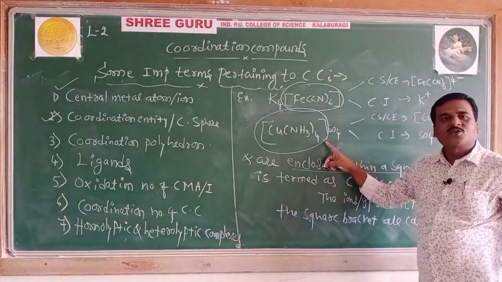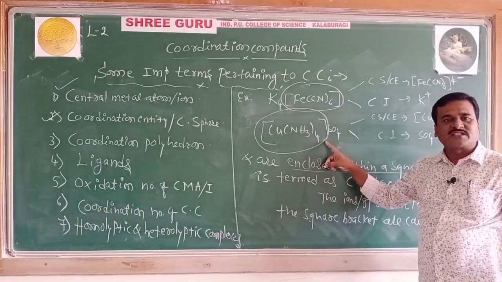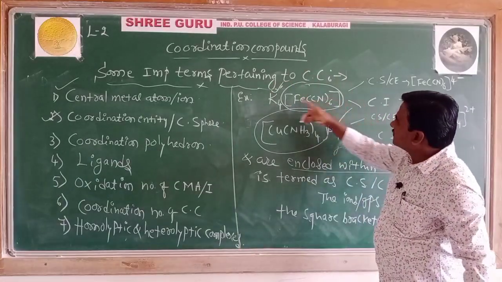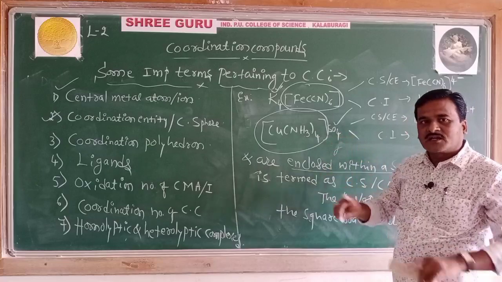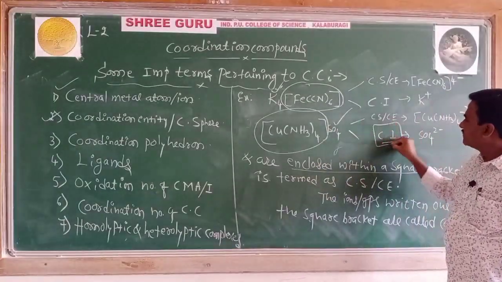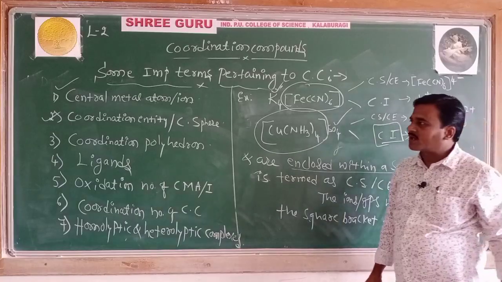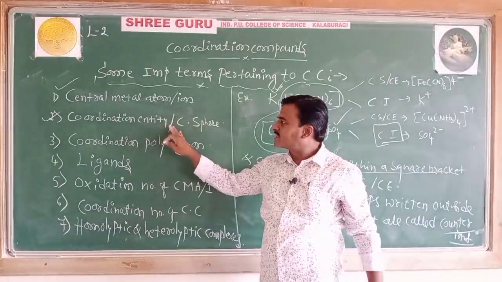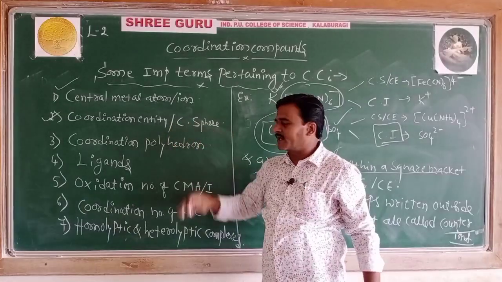The ions or groups written outside the square bracket are called counter ions. That completes the second term, coordination entity or coordination sphere.